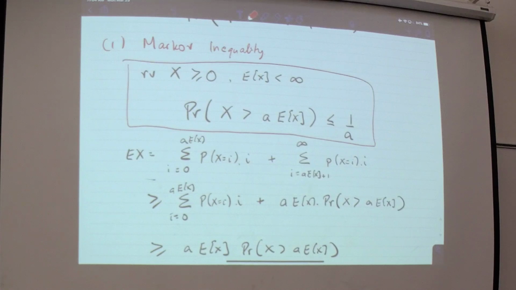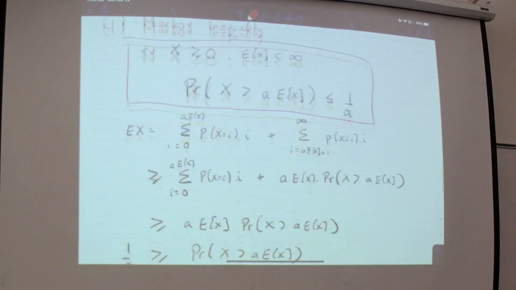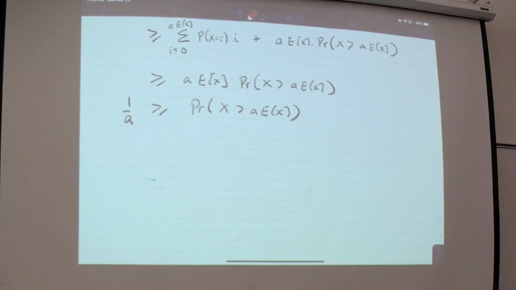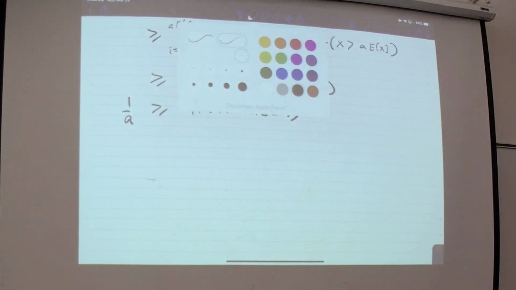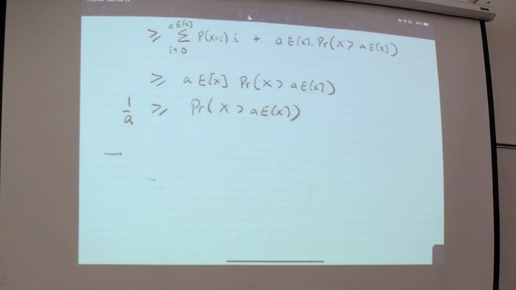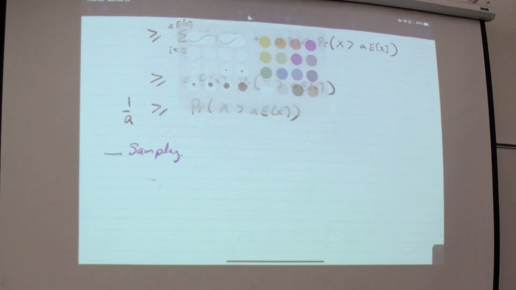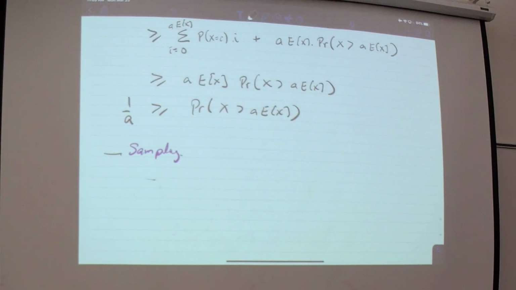How would this apply to us? It would say something like, if you remember, we had this variable. So we look at our setting here. We have the random variable n1, right? n1 by definition is positive. It's counting the number of votes for 1. So it's a positive random variable, so that's fine.